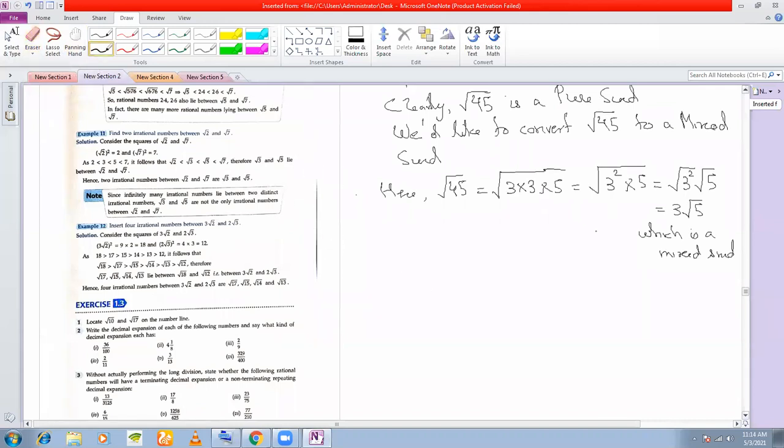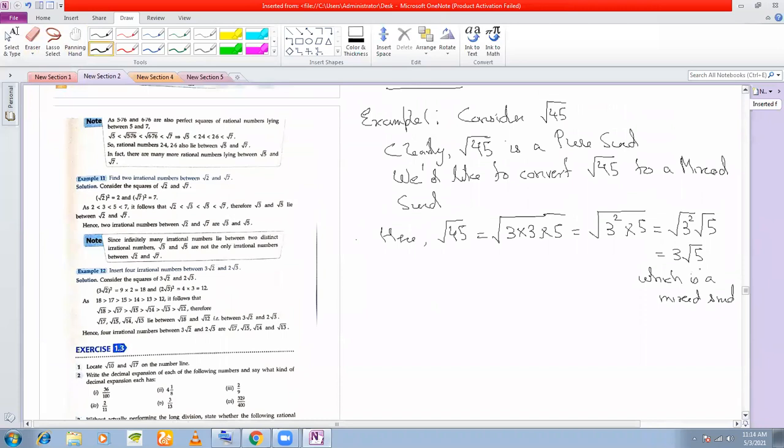Let us take one example of the reverse. Suppose 3 root 5. Example 2. Consider 3 root 5. 3 root 5 is clearly a mixed surd.